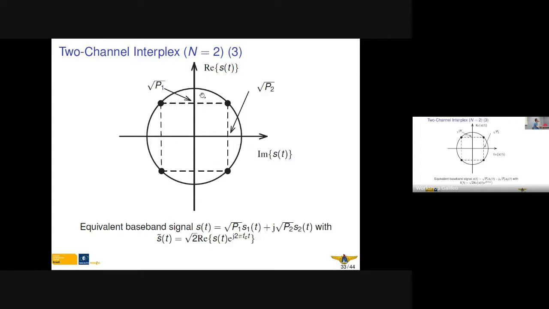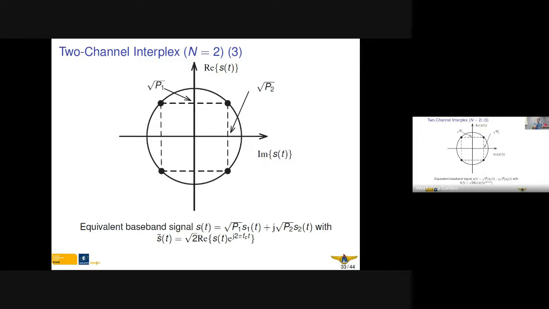Here we can see in the complex domain, real part of S and imaginary part of S, the constellation diagram of the signal. So we see that we have 4 states of the signal. They all lie on a circle, which is good because in principle this implements our constant envelope.